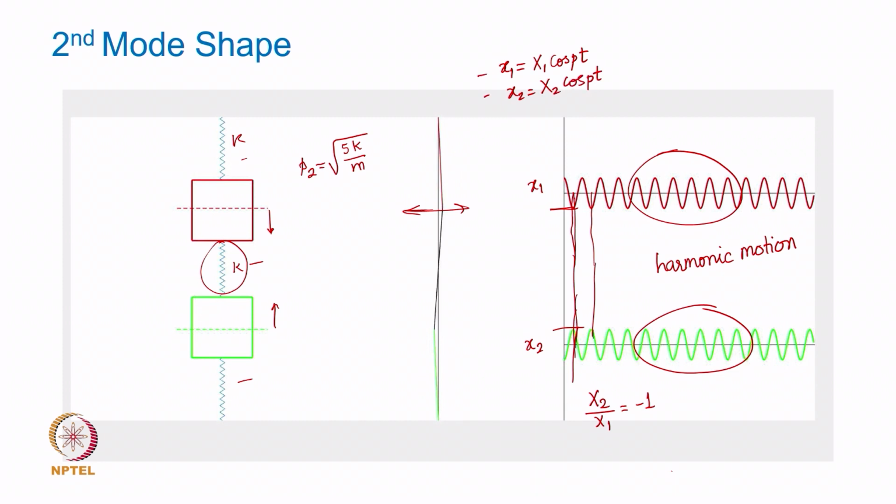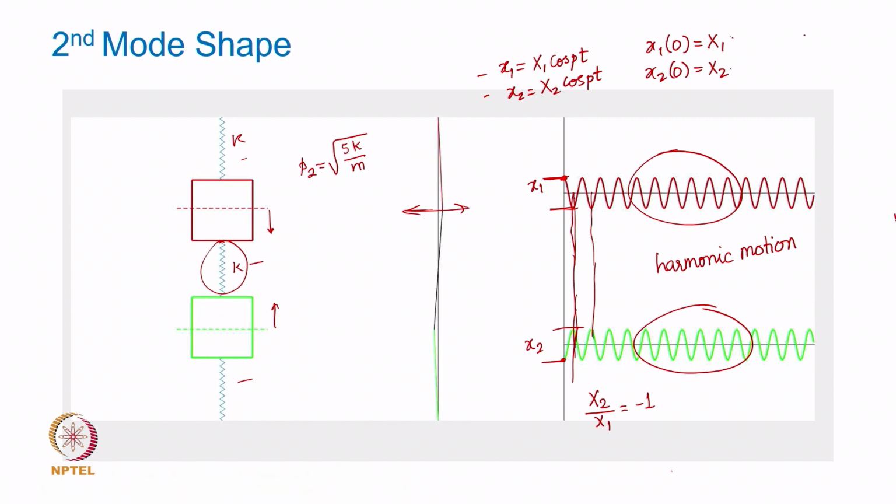So, if I take t is equal to 0, x1 at time t is equal to 0 is going to be x1, and x2 at time t is equal to 0 is going to be x2, which means that at time t is equal to 0, I must give an initial displacement to the mass m2 to be such that they have a value which is related.